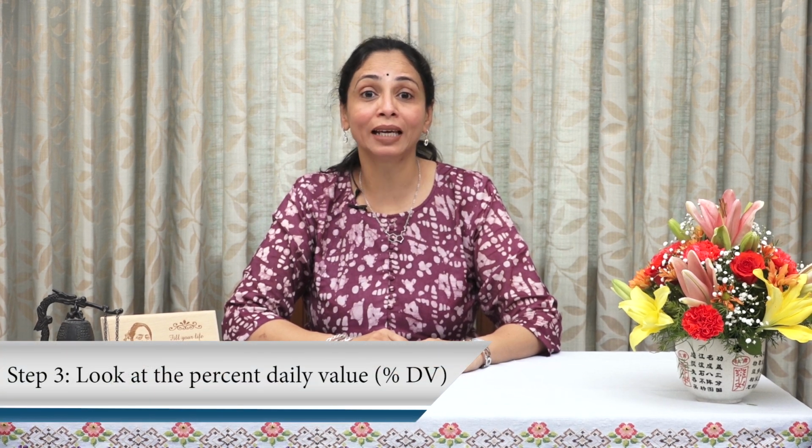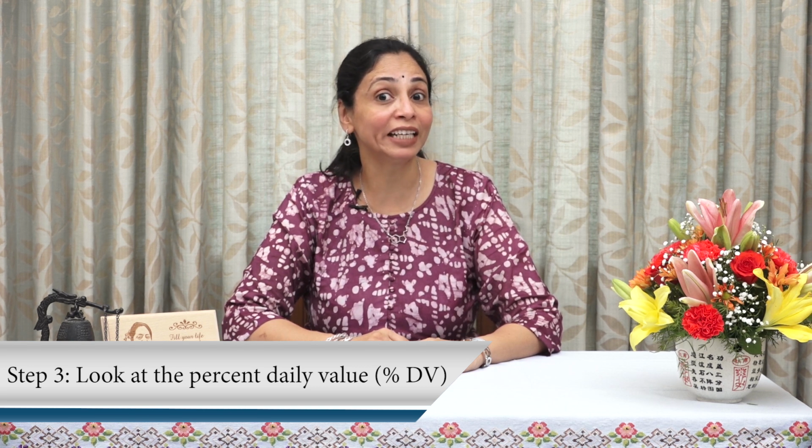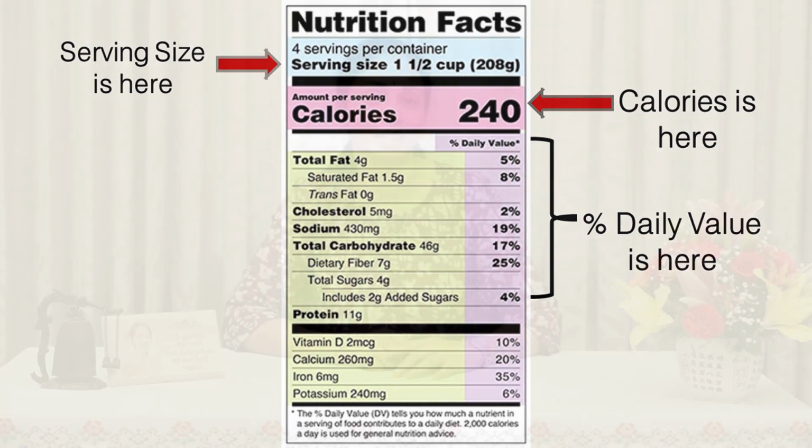Look at the percent daily value. It will be written as percent DV. The percent daily value tells you if a product has a little or a lot of a single nutrient or many nutrients. 5% daily value or less is a little of a nutrient. 15% of a daily value is a lot of a nutrient.